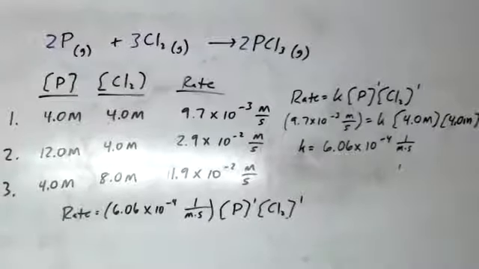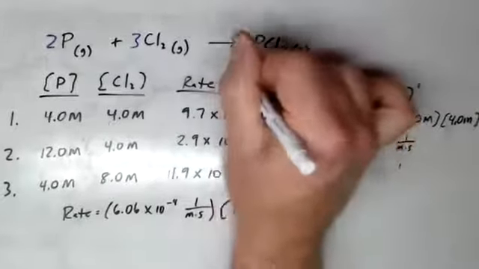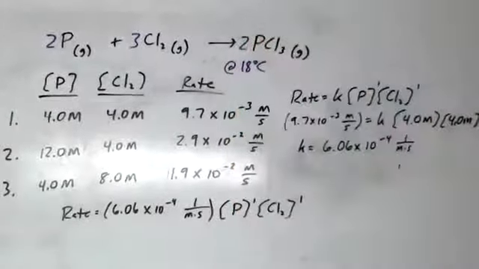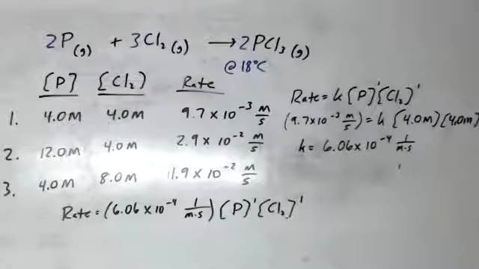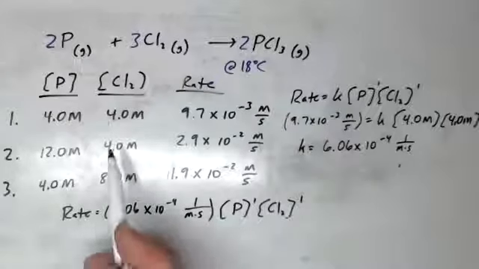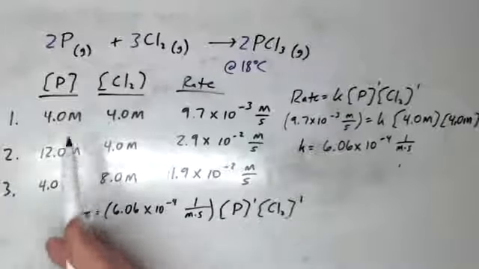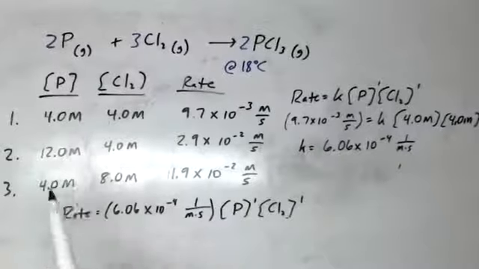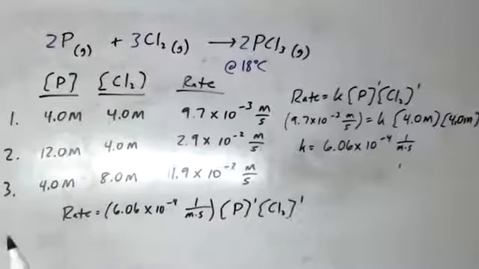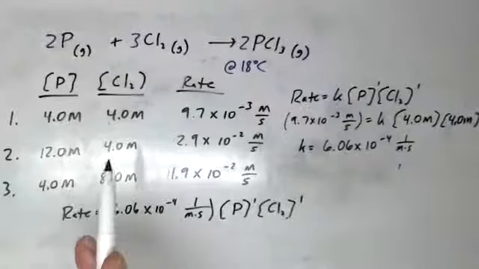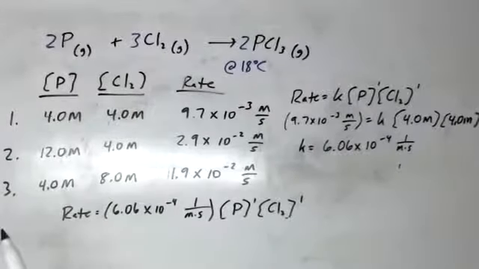So as long as we keep to the same temperature we use in this experiment, and let's say in this case our temperature was 18 degrees C, for example, as long as we do our experiments at this temperature, we can expect this rate equation to give us reasonable approximations of what the rate would be. Again, with a limitation that we want to interpolate data here. So our concentration should be between about 4.0 and 12.0 for best accuracy. If we go outside that concentration range, we'll be extrapolating, and that will have more error.